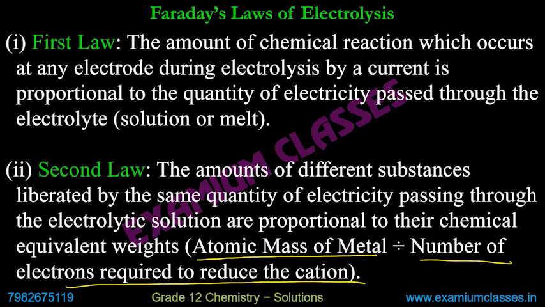For example, in the Daniel cell, this value will be 2, because Zn2+ plus 2 electrons gives Zn metal. So equivalent weight will be half the atomic mass in that case.